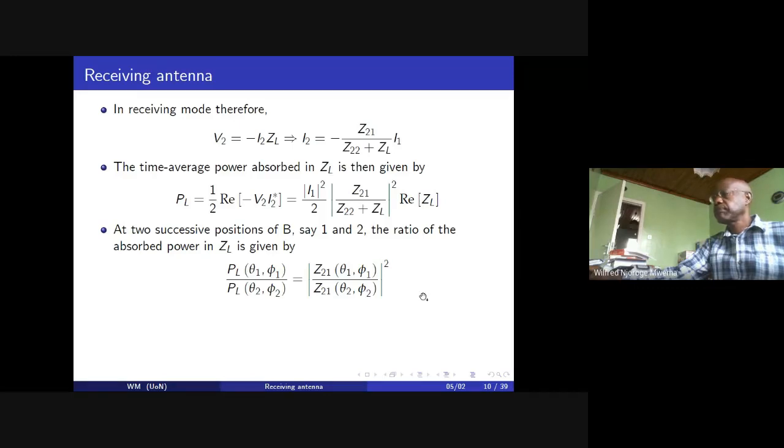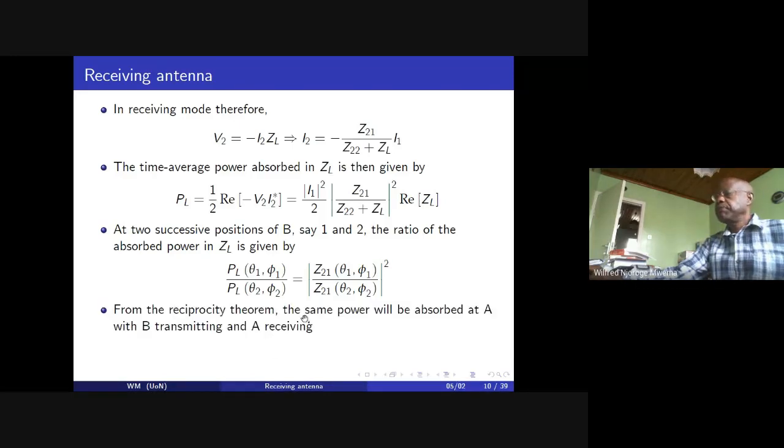From the reciprocity theorem, the same power will be absorbed at A with B transmitting and A receiving. That is, we have calculated this assuming that B is receiving and A is transmitting.